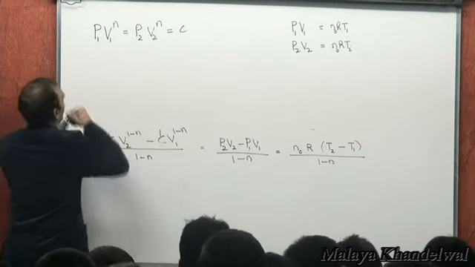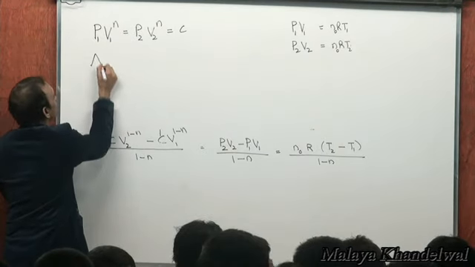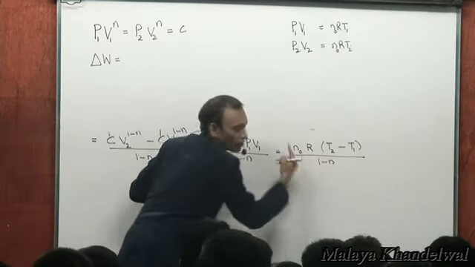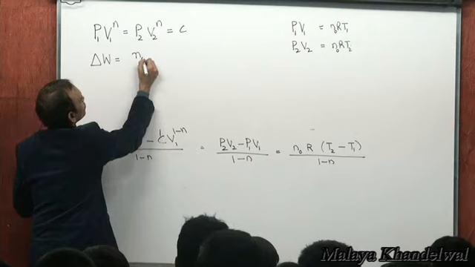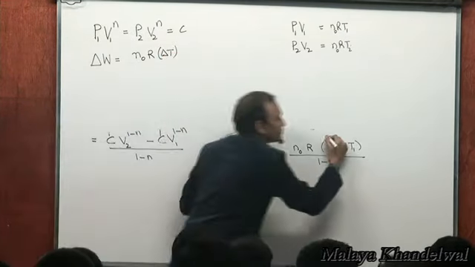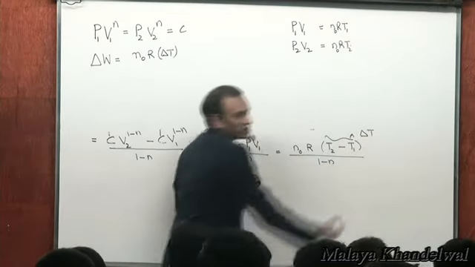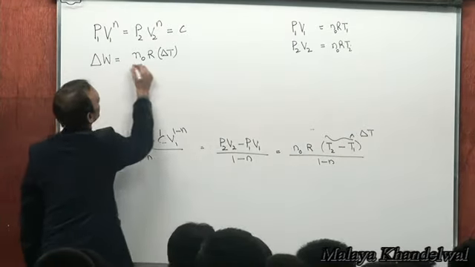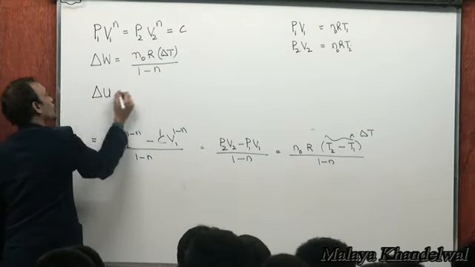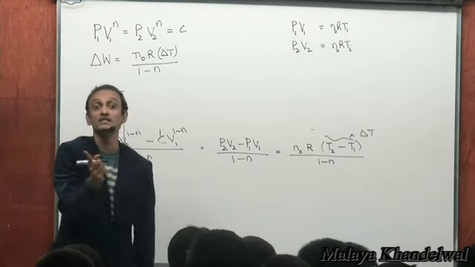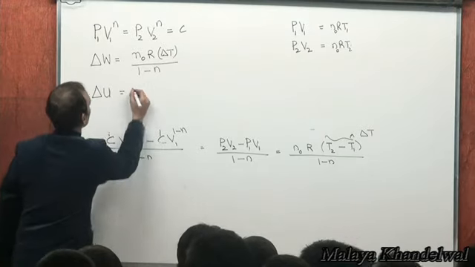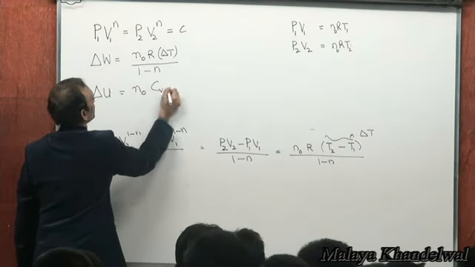But before that, we already have the expression for work done in a polytropic process in which temperature changes from T1 to T2 for n naught moles of the gas. That turns out to be n naught R delta T divided by 1 minus n, where T2 minus T1 is delta T, the change in temperature, final minus initial. The change in internal energy, no matter what the process is, is always nCV into delta T. Here n is n naught, so n naught CV into delta T.